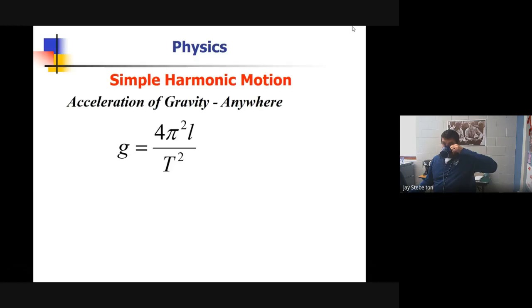It's actually a little bit less up here in Michigan where we're 800 feet above sea level, or Denver where you're 5,280 feet above sea level, or Mount Everest where you're 27,000 feet above sea level.